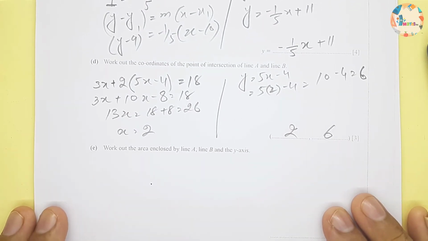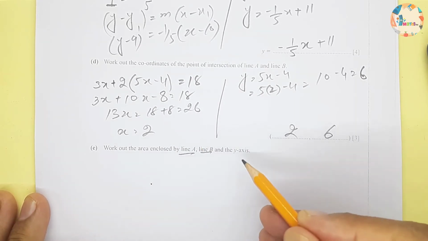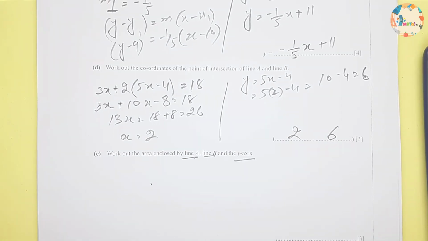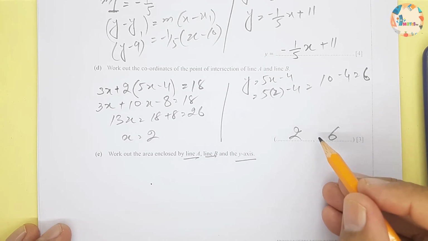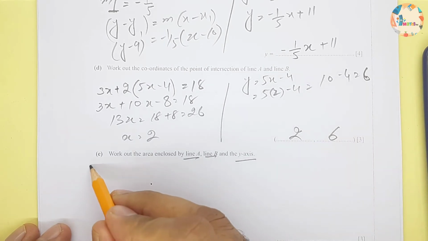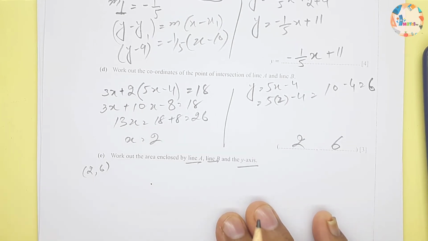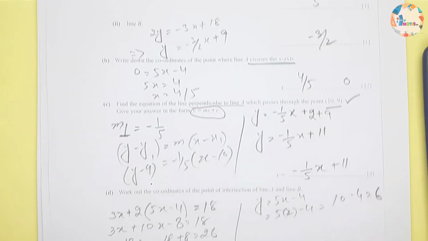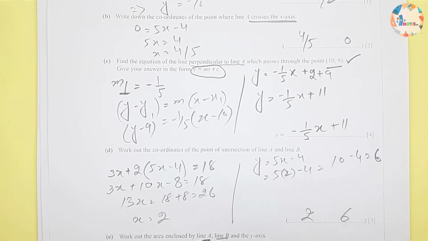Work out the area enclosed by line A, line B, and the y axis. So for this question, basically we have this point, which is 2 and 6, and we have this point as well, which is 4 by 5. 4 by 5 is 0.8.